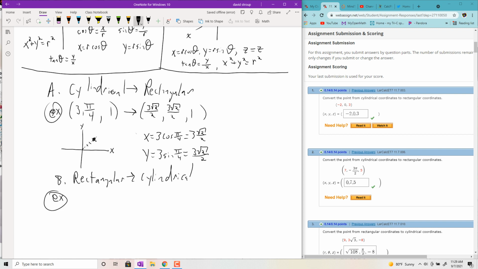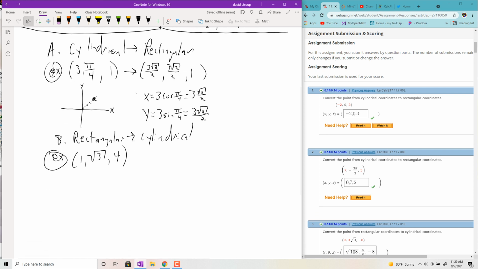I took them from the book a long time ago, and the numbers have changed over the years. So anyways, again, it's a good idea to figure out which quadrant you're in, especially for going from rectangular to cylindrical. You need to know your angle, so you need to know which quadrant you're in.